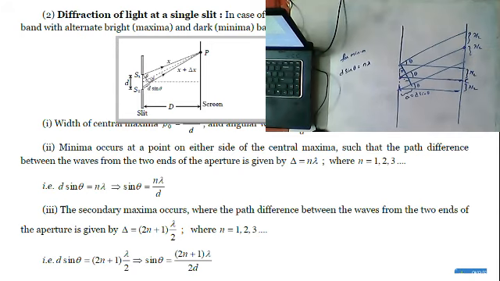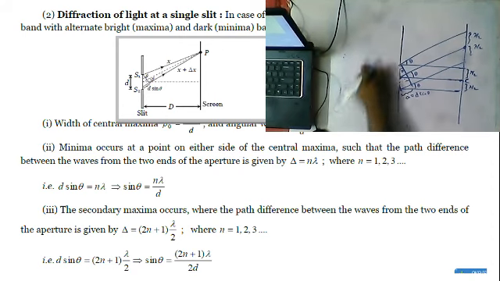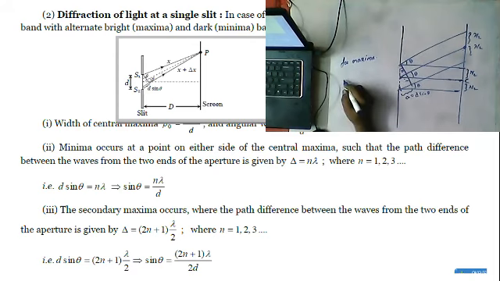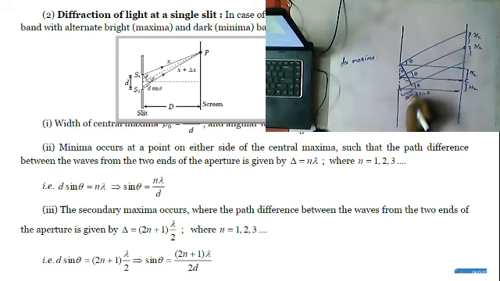Okay, so for minimum, first we will write maxima, then we will go. If two waves differ by, I mean, for maxima, how much is this path difference?